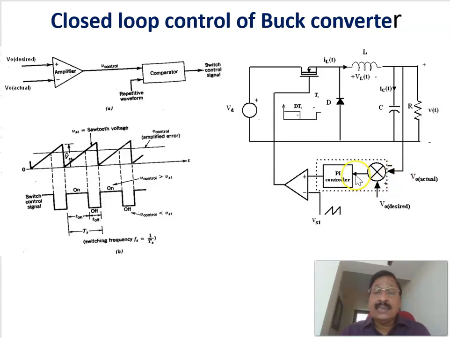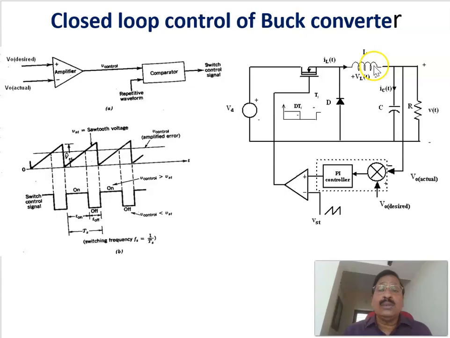Then the error is taken and given to a PI controller, a proportional integral controller. The PI controller output is compared with a triangular sawtooth waveform, and the output of the comparator is given as the switching signal to the MOSFET.